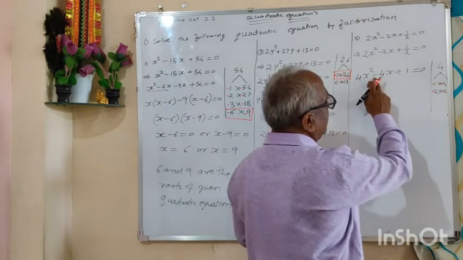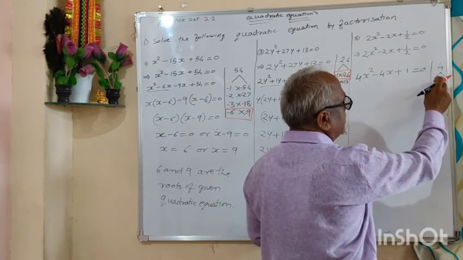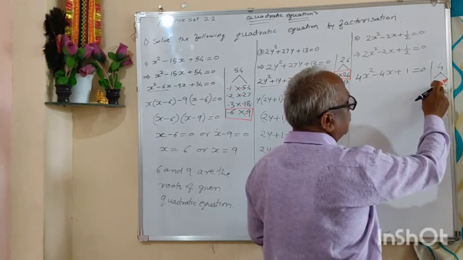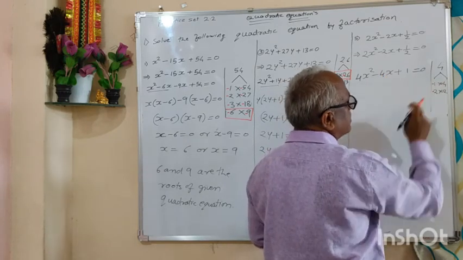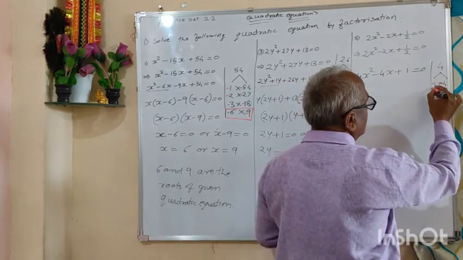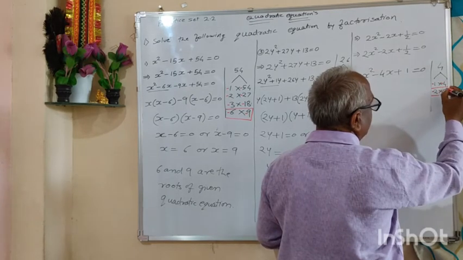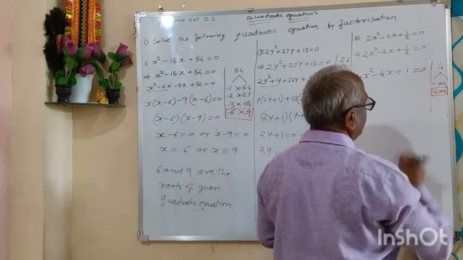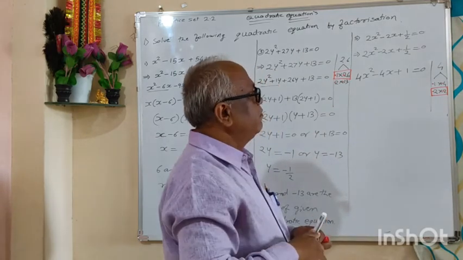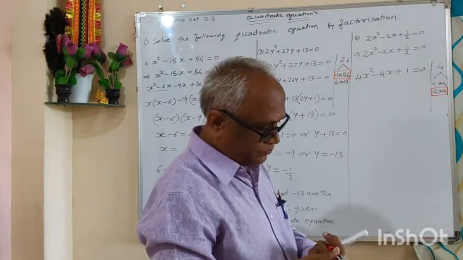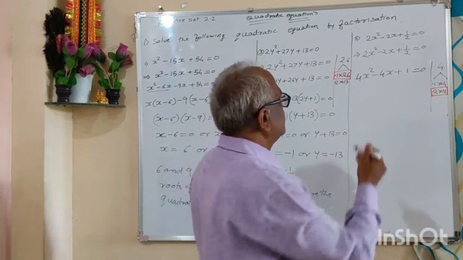Now we require minus 4, forget this multiplication sign. Minus 4 minus 1 is minus 5, we will get it. Here minus 4 is required, so this is not the required factor. Minus 2 minus 2, that is minus 4, so the required factors are minus 2 and minus 2. So here, split the middle term.